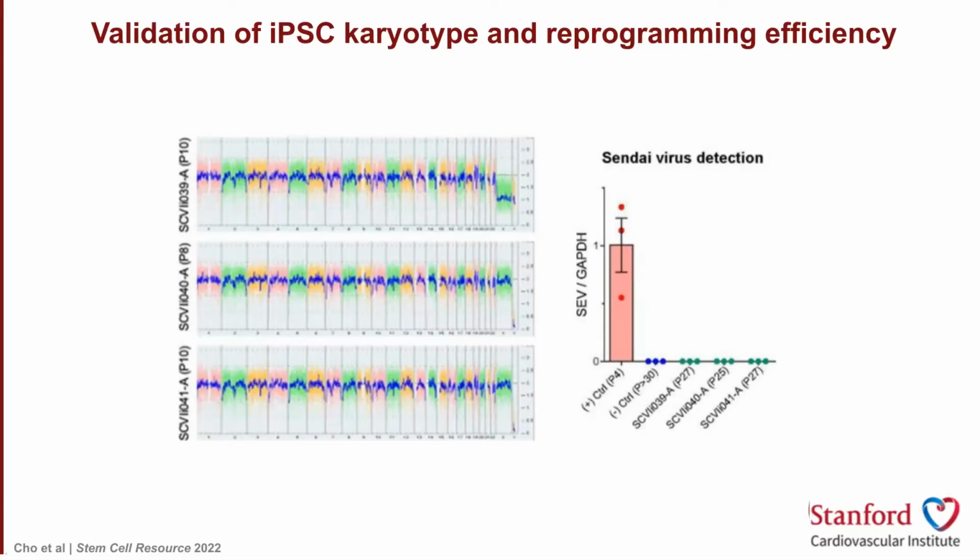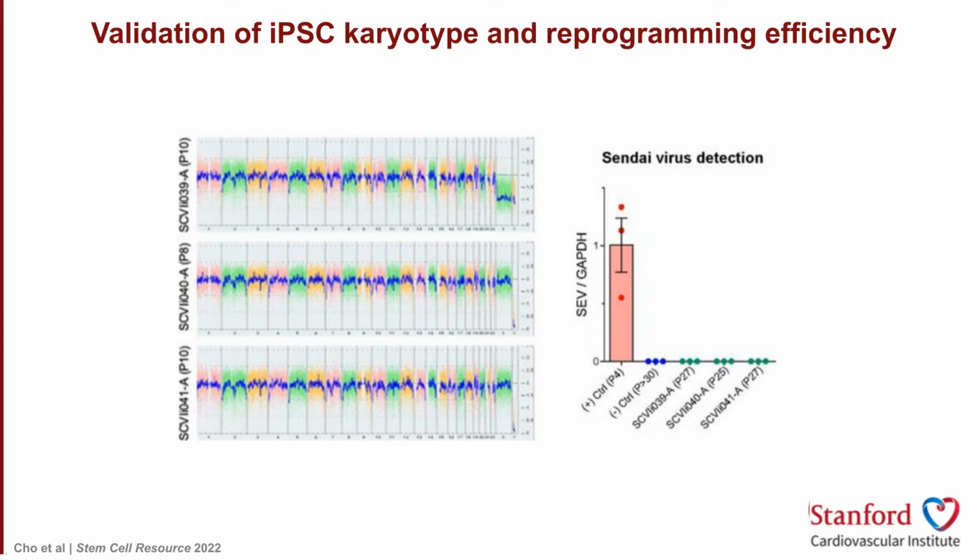Next, we look at the whole genome array and validate that each iPSC cell line has a normal karyotype. And then we look by quantitative RT-PCR that the Sendai virus that we use for reprogramming, which is non-integrating, is no longer present in the cell. Here we use an early passage iPSC line as a positive control and a late passage iPSC line as a negative control.